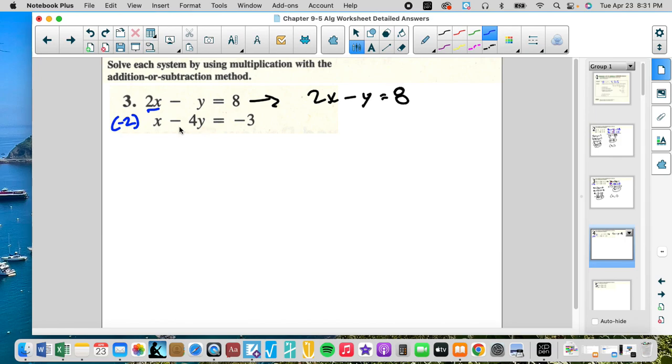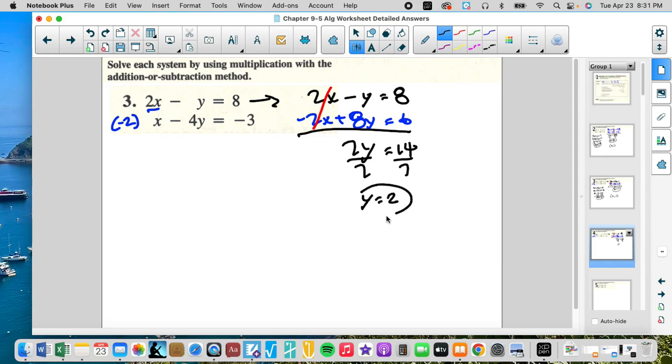Bottom equation multiplying by -2 is -2x plus 8y equals +6. The x's cancel. We're left with 7y equals 14. Divide by 7, divide by 7, y equals 2.